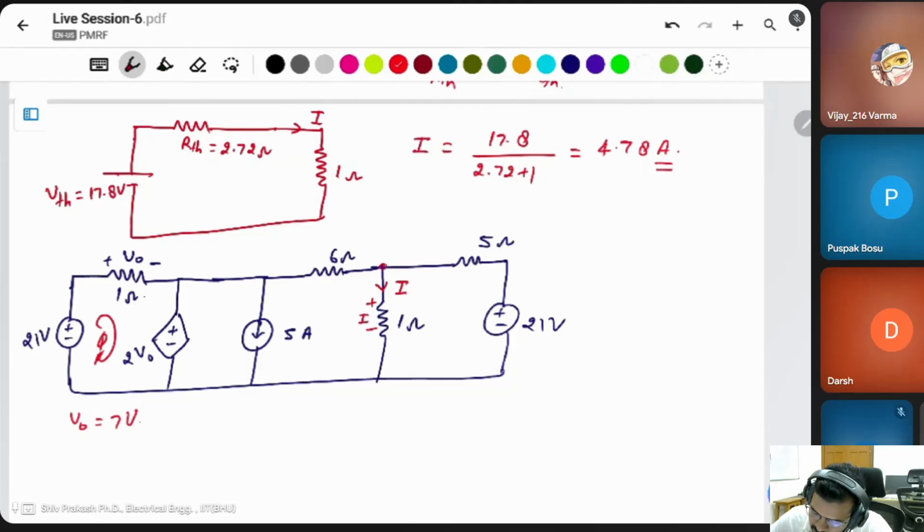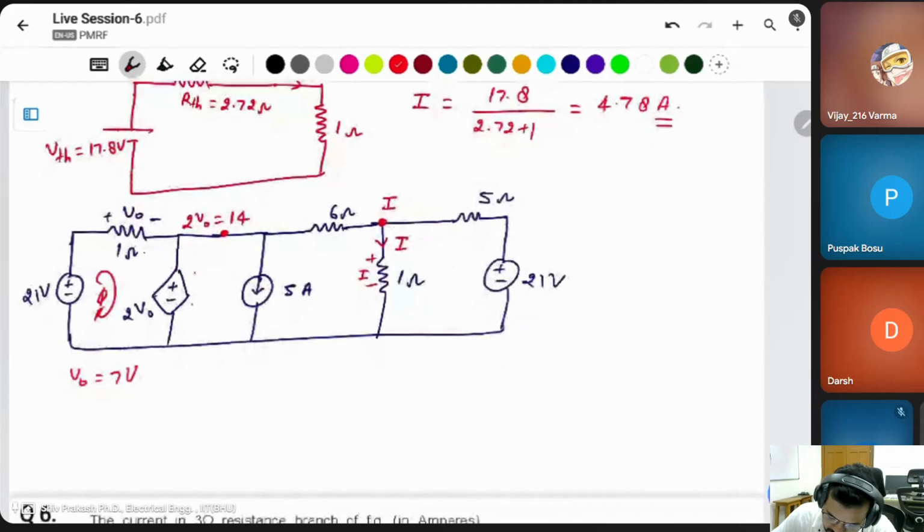And you know about this one, this is the RTH, this is the VTH. If you know RTH and VTH, then simply make a circuit. RTH, and this is the VTH, equal to 17.8 volt. RTH is equal to 2.72 ohm.